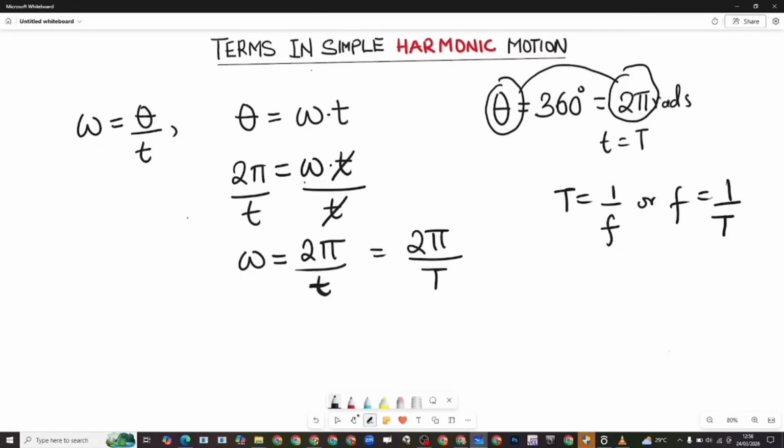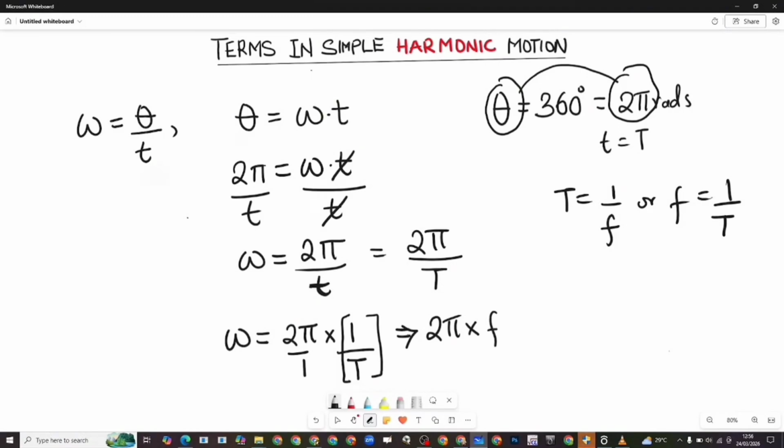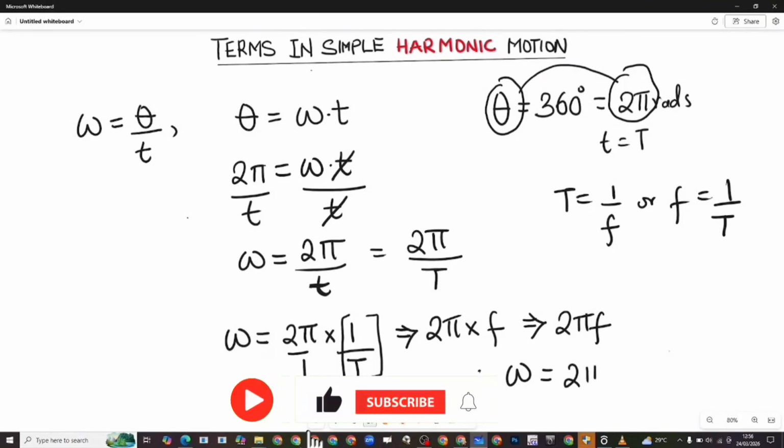If we expand this, omega is equal to 2 pi times 1 over T, and we can substitute 1 over T for frequency, so that the full formula becomes 2 pi f. Thereby, we can say our angular velocity is equal to 2 pi f.